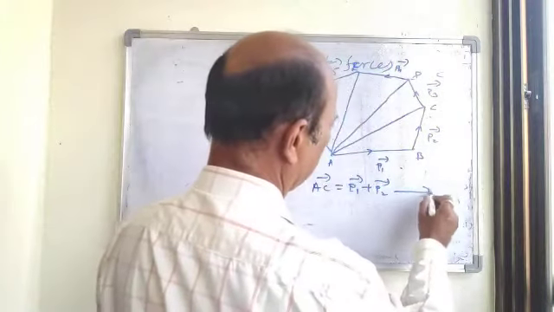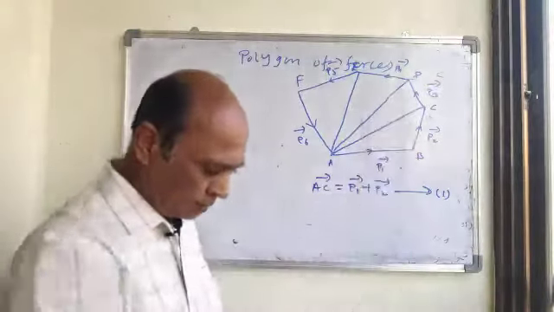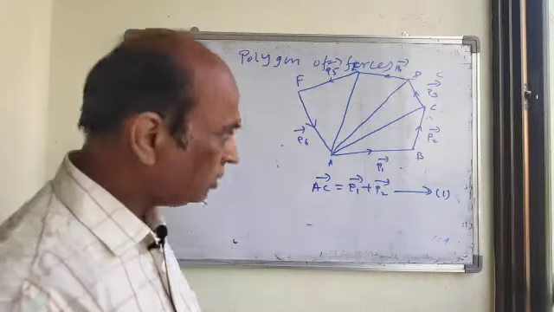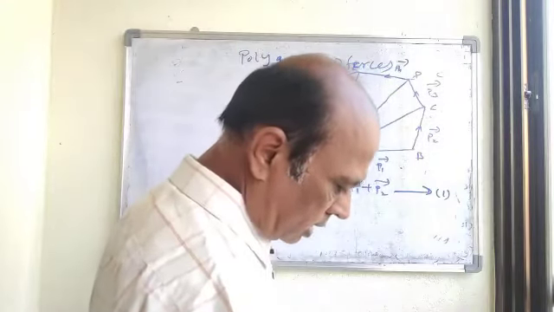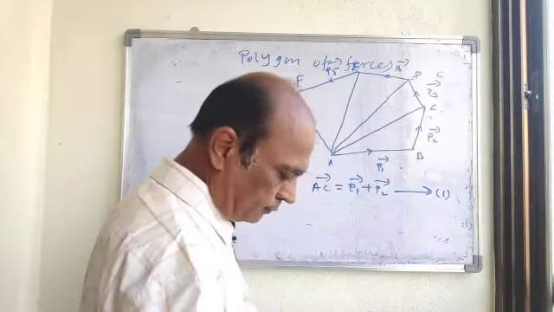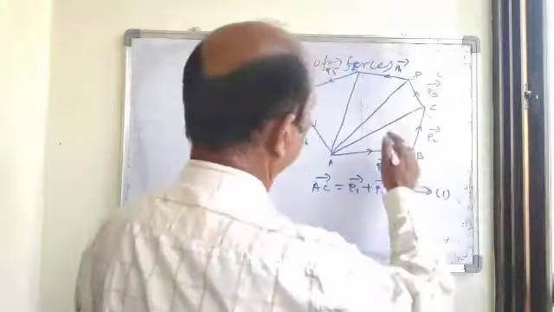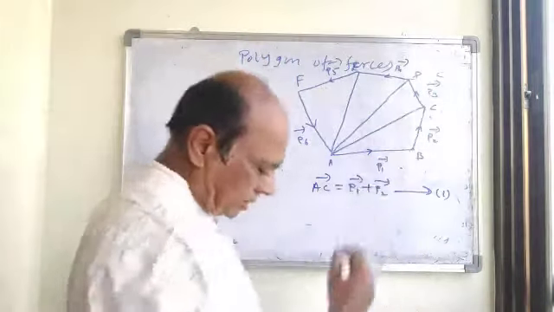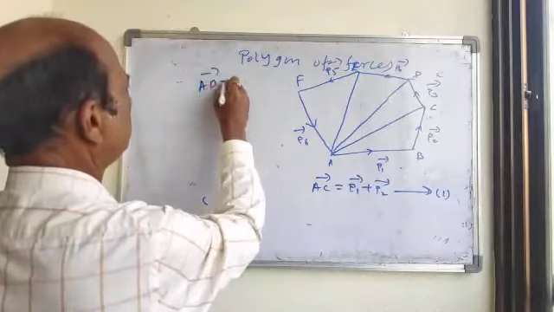This is our equation number 1. Now this resultant AC bar and the force P3 bar around this CD bar is represented by this AD bar, and from this we can write AD bar is equal to AC bar plus P3 bar.